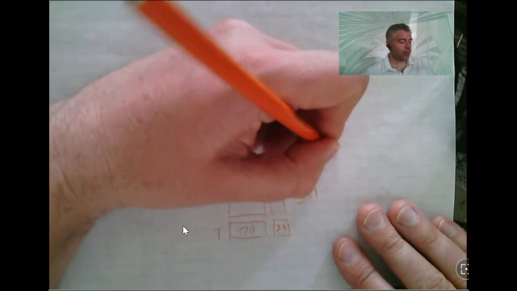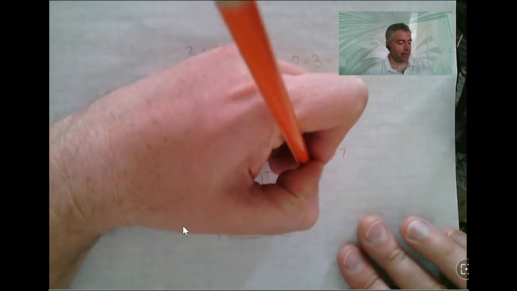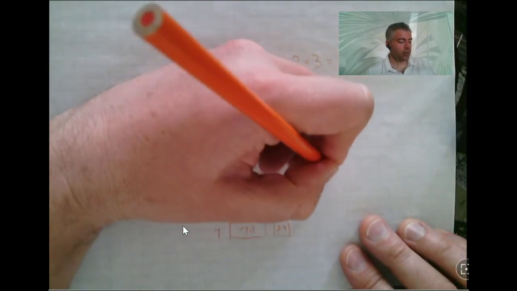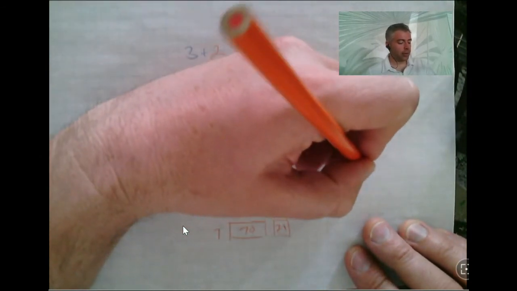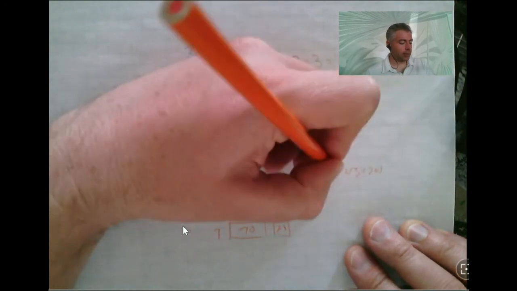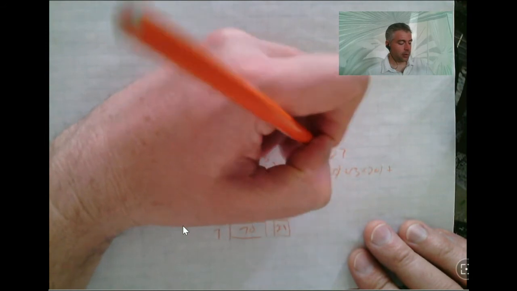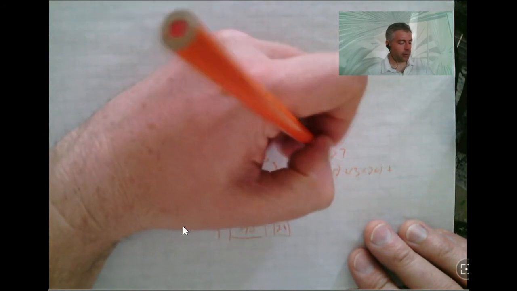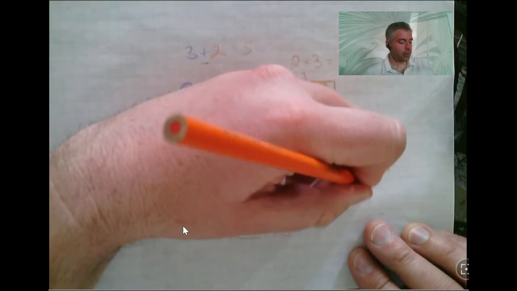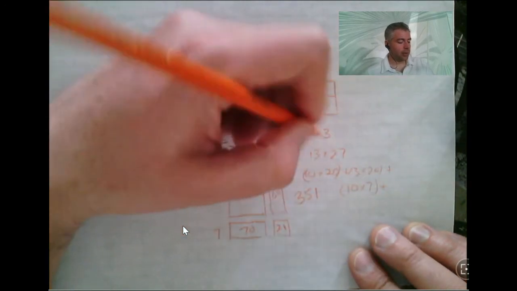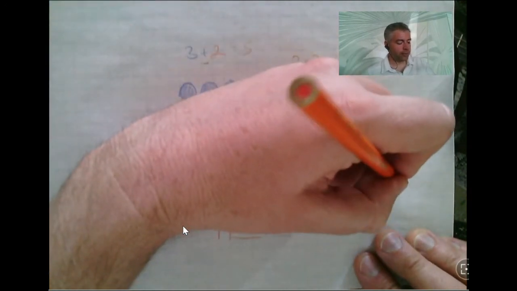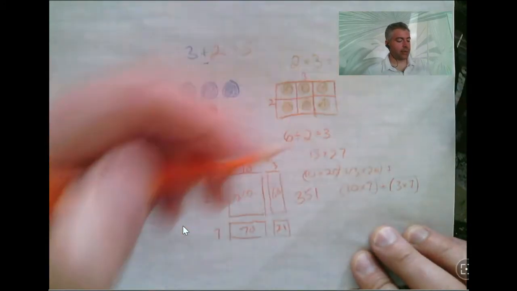13 times 27, it's the same thing as 10 times 20 plus 3 times 20 plus 10 times 7 plus 3 times 7. Some people refer to that as foiling.